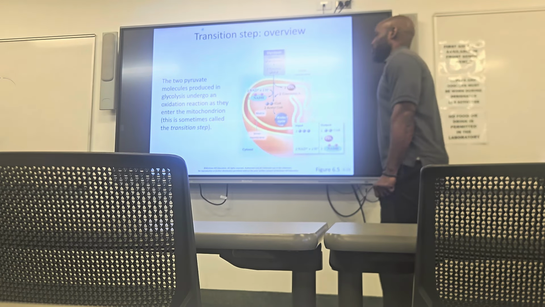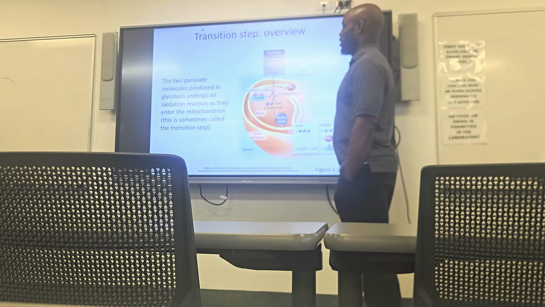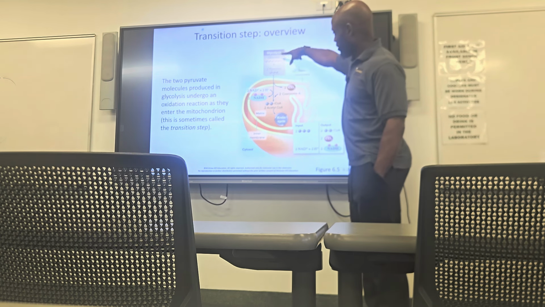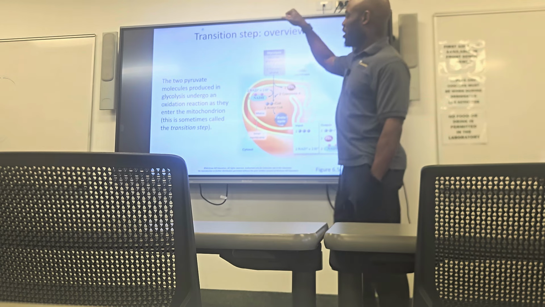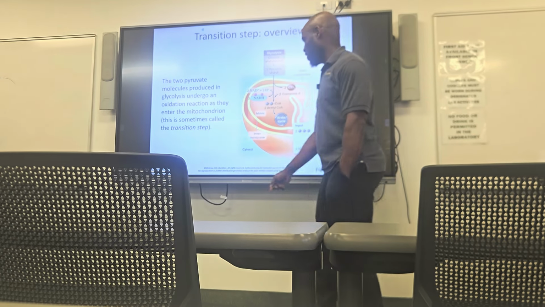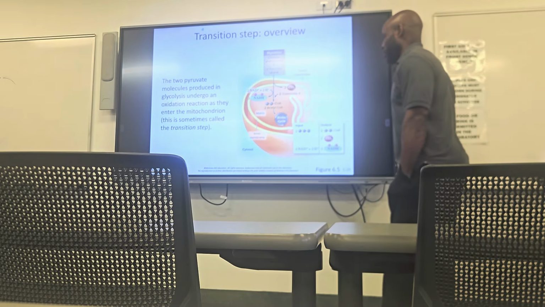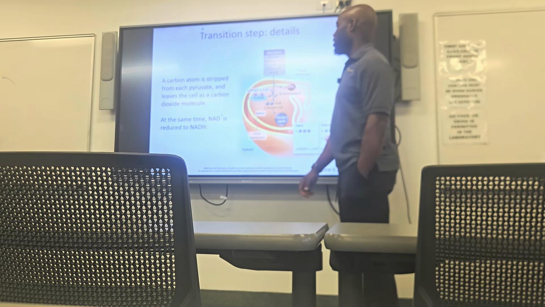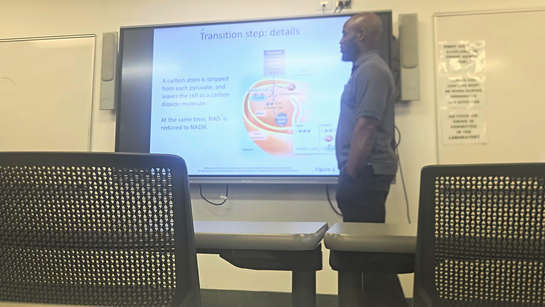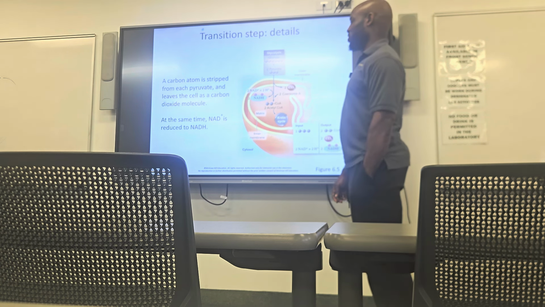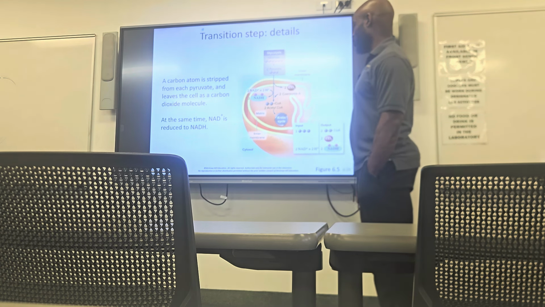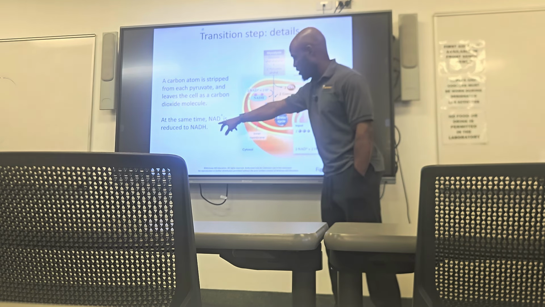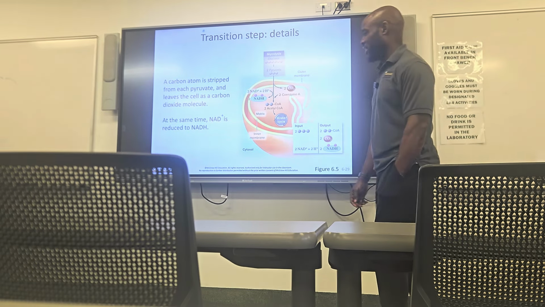All right, so we have this transition step. The 2 pyruvates from the glucose that have been split through the process of glycolysis undergo an oxidation reaction as they enter the mitochondria. A carbon atom is stripped from each pyruvate and leaves the cell as a carbon dioxide molecule. At the same time, NAD is reduced to NADH.